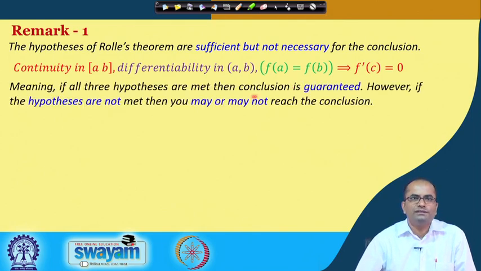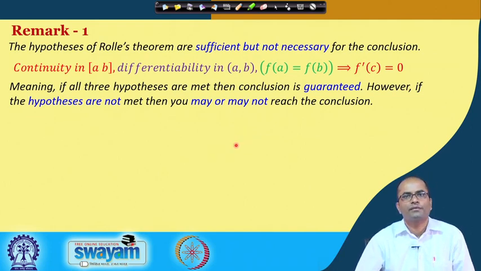So, in other words, if all these three hypotheses are met, then the conclusion is guaranteed. Conclusion means that f'(c) is 0, that is guaranteed. However, if the hypotheses are not met, then you may or may not reach the conclusion, which we will see with the help of some examples now.